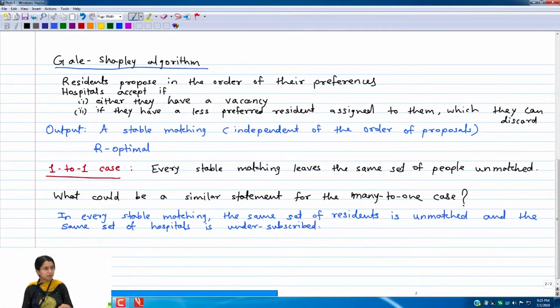Now, can it happen that, for example, a hospital with capacity 4 gets 2 residents in one stable matching and 3 in another stable matching? In both cases it is undersubscribed, so this statement is not violated, but the question is whether this is possible.